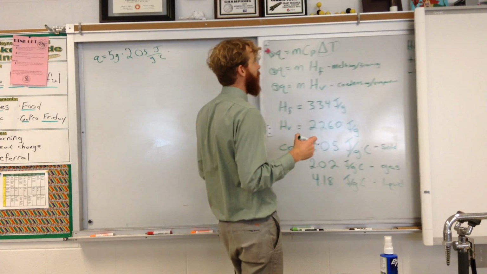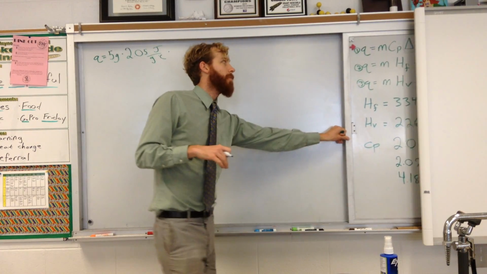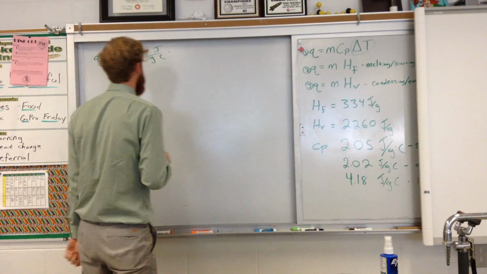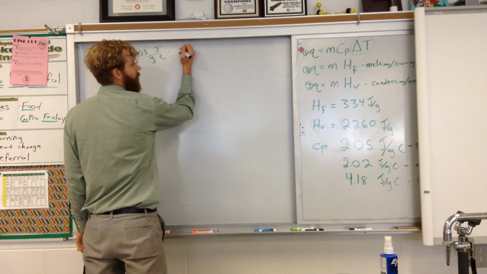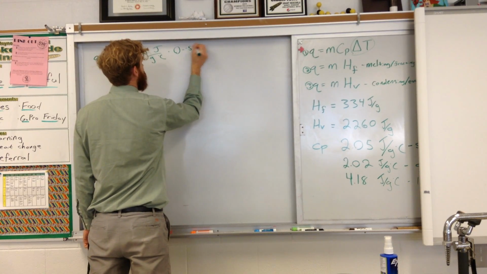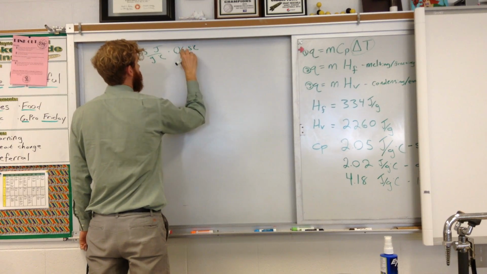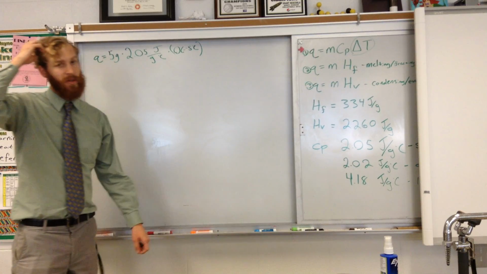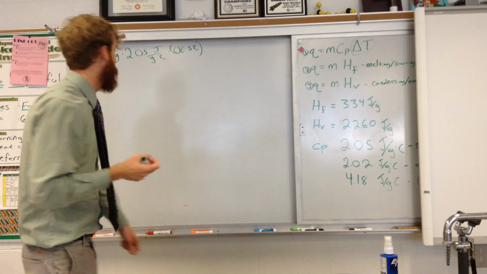Now you can do final minus initial. That's how you calculate the delta T. So we would have 0 minus negative 5 degrees Celsius. Put that in parentheses because, if you guys would, please excuse my dear Aunt Sally.